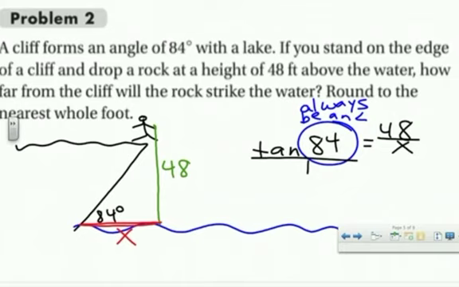And last chapter, one of the things that we learned we were allowed to do with a proportion is switch things across a diagonal. So let's do that. We're going to switch these two things across the diagonal. And now I'll have x, I don't need to write down the over 1, equals 48 divided by tangent of 84.